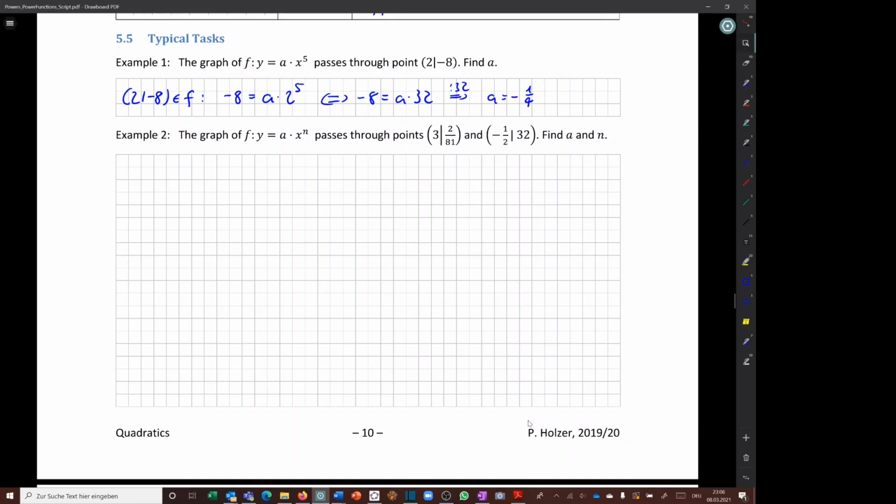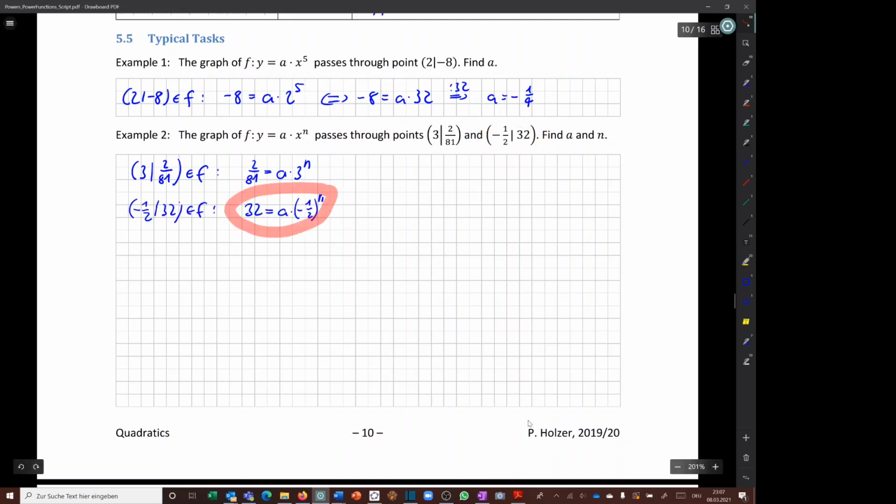Since the point (3, 2/81) lies on the graph, we can insert the y coordinate, 2 divided by 81, and the 3 as the x coordinate in the equation of the function here, and we get this equation. The same we can do with the second point here, and we get this second equation.